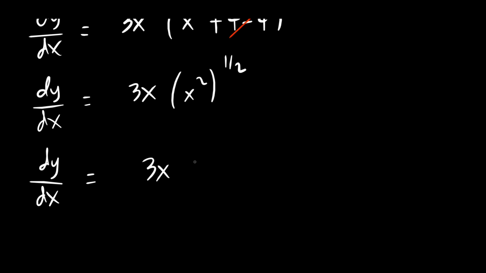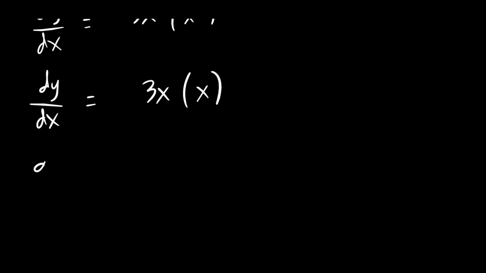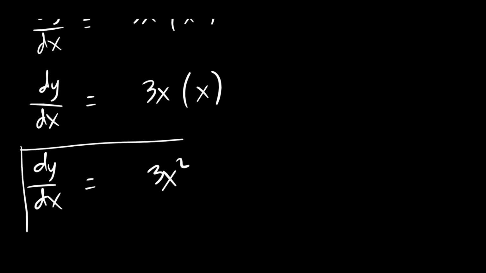The square root of x squared is just equal to x, right? So for the simplification, dy over dx is just equal to 3x multiplied by x, which is 3x squared. So this is now our final answer.